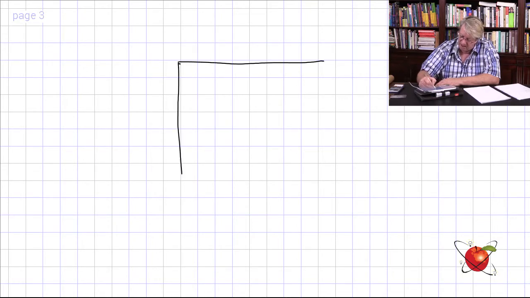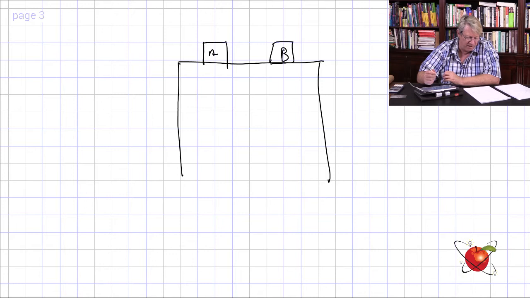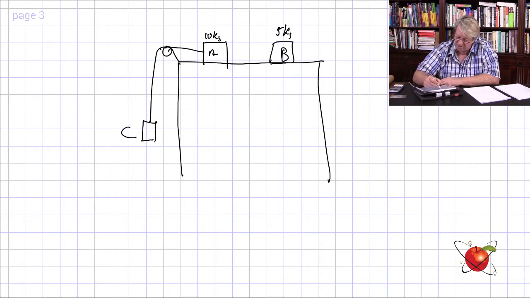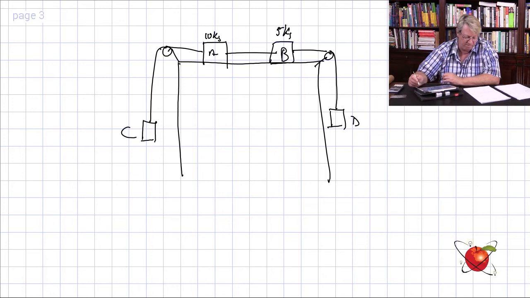I've used two blocks, block A and block B. It says in the figure above, A has a mass of 10 kilograms, and B a mass of 5 kilograms. Then this goes over a pulley over here, down to C. These are joined here, and that goes down to point D.